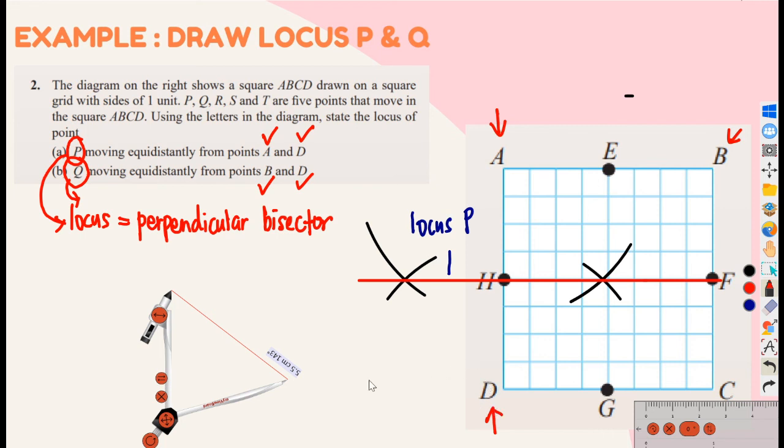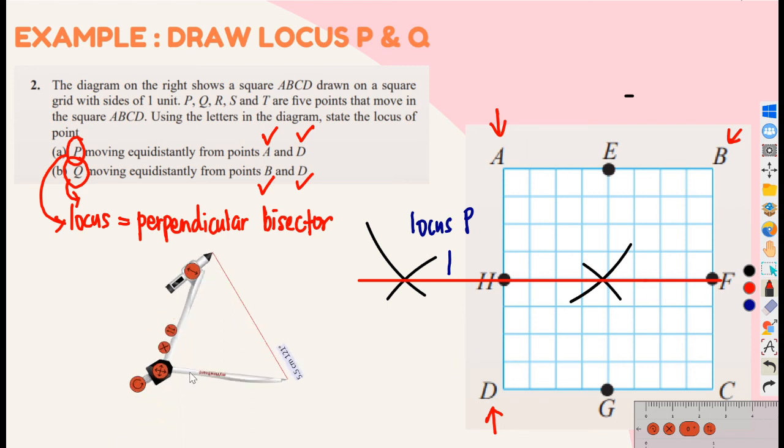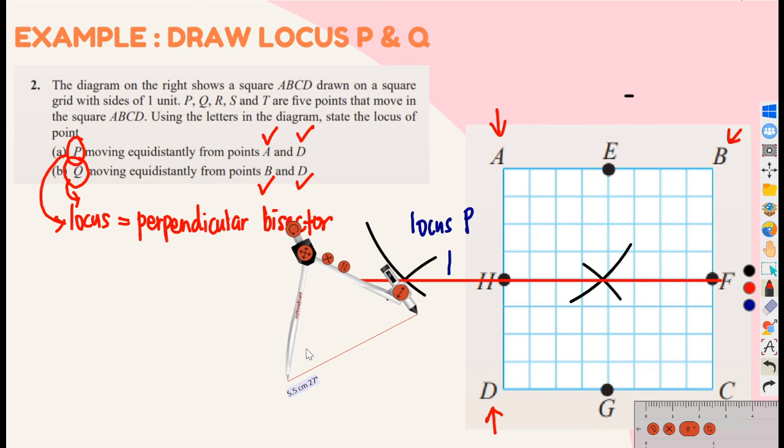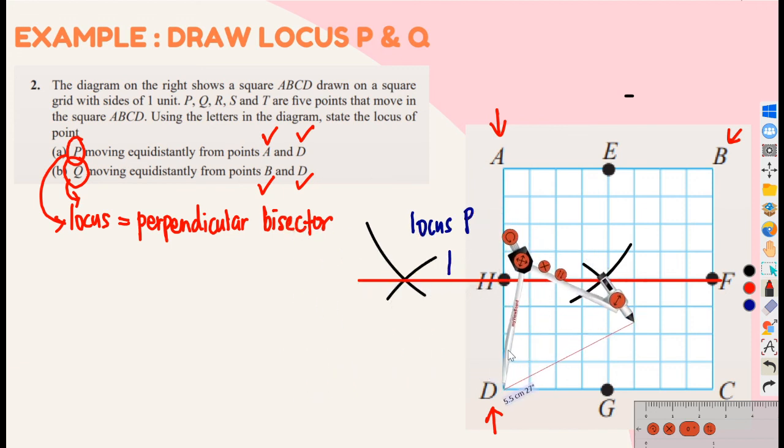First, you need to measure. Take your compasses, B and D here. This one is quite long, more than 9 cm. As I said before, it must be more than half. So how many boxes is it? 1, 2, 3, 4, 5, 6, 7, 8.